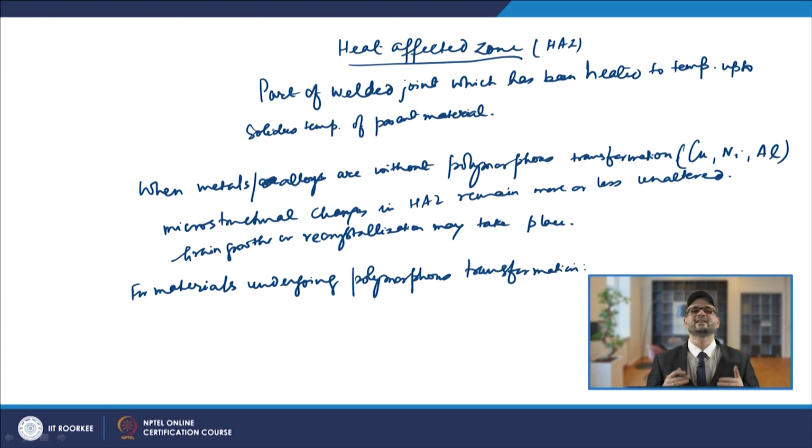Since there is a change in the macrostructural appearance, there is a change in the microstructure of the specimen in those regions subjected to the temperature change. So, ultimately there will be property variation in those zones.